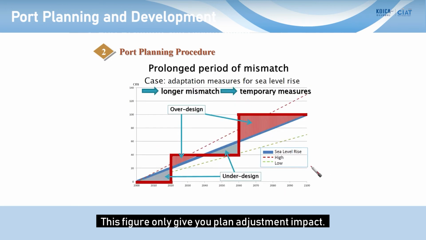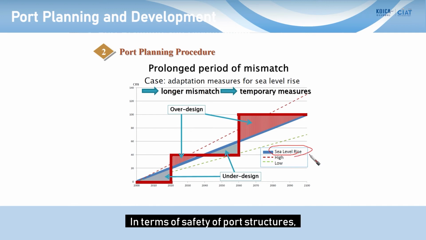This figure only gives you the plan adjustment impact depending on sea level rise. In terms of safety of port structures, there might be different reasons for plan modification, but it's a choice. The red curve gives sea level rise higher than expected. The blue line. The green line is sea level rise lower than expected.